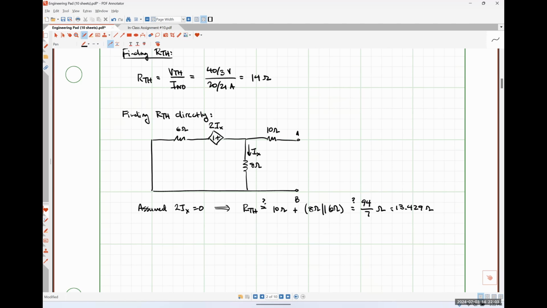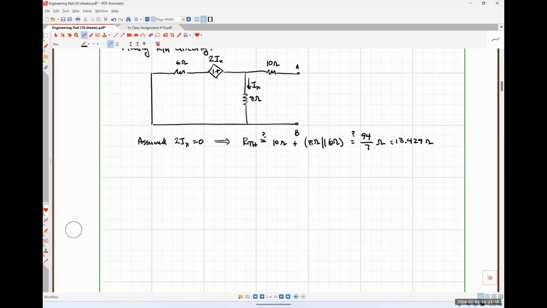So what we're actually going to wind up doing is essentially we're going to use Ohm's law. Okay? So I hope you guys can recall from our third lecture in this class where I said that if we have a black box network like so, and we were to excite this network, doesn't matter if it's a voltage source or a current source, we measure the voltage drop across the terminals of the network.